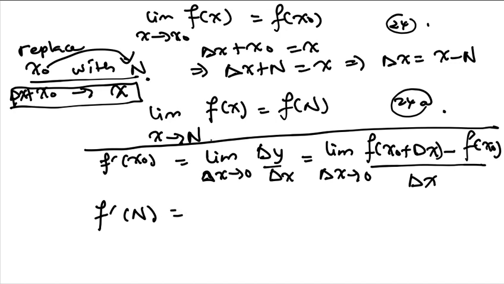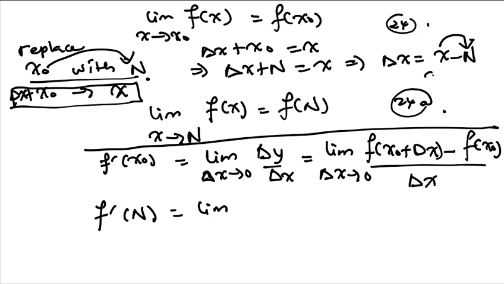Now, the limit, you see here change in x is equal to x minus n. But at a particular x naught here, we want to make sure that the change in x approaches 0. What does it mean here, class? The change in x approaching 0 means this one becomes nearer in value to this one, you get what I mean?